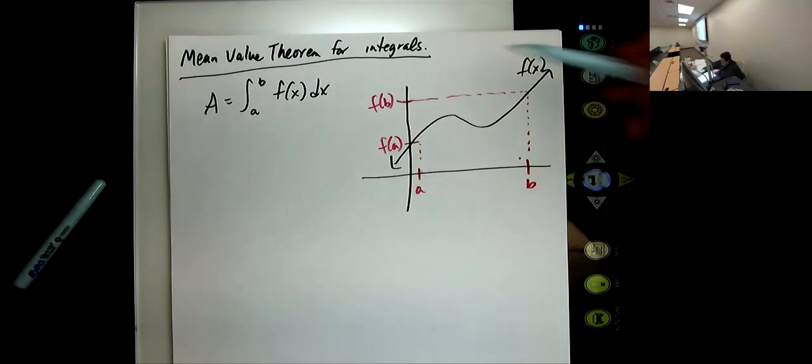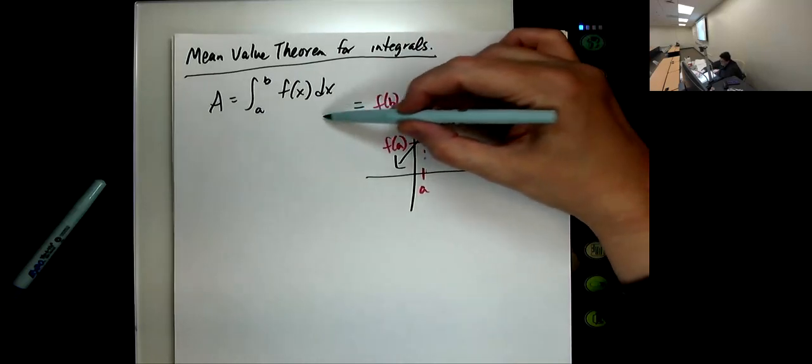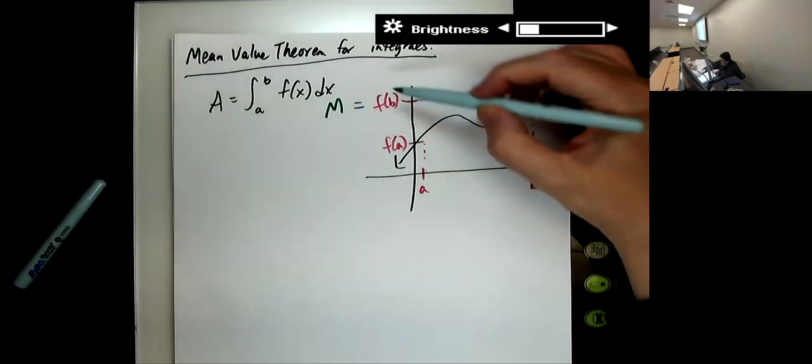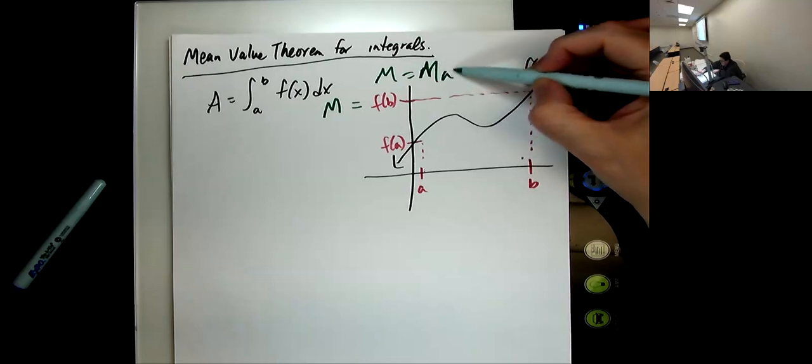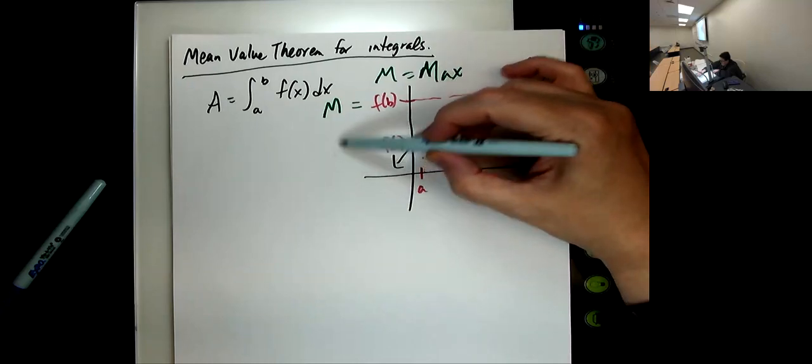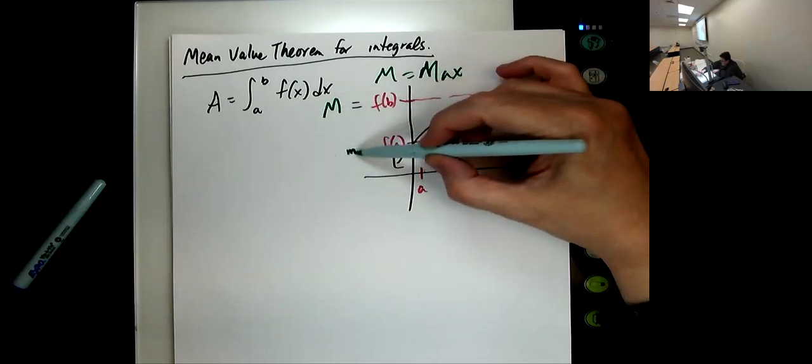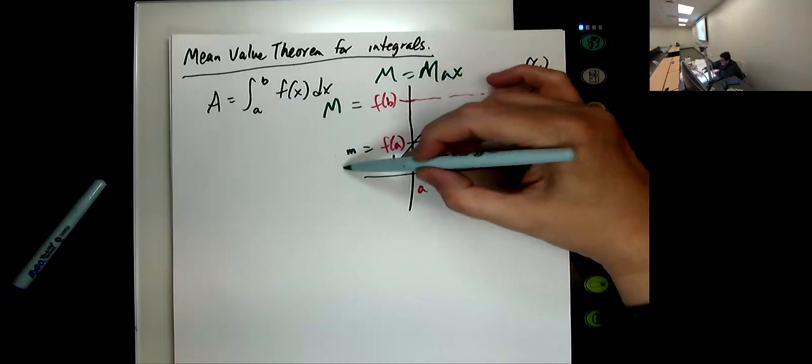We'll call this big M, the max value on that region. So M will be max. And we'll do little m, which will be min.